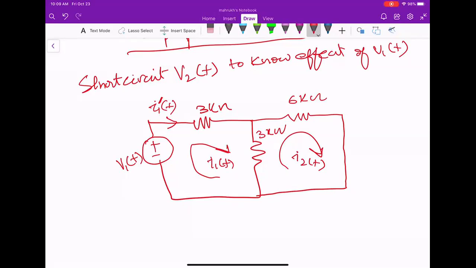This is the current that I am assuming after assuming that here there is no source. In the original circuit there was a source. Here there is no source because this is my assumption. So I am giving another name to this current: I1 dash of t.